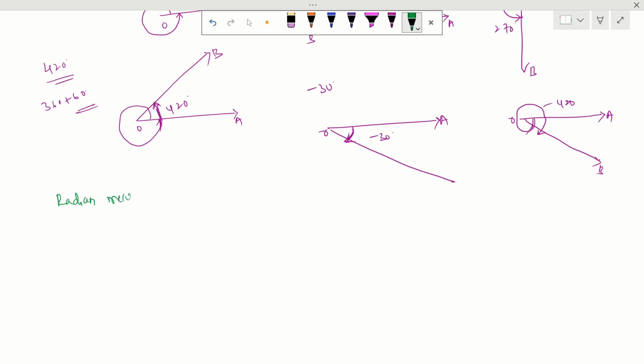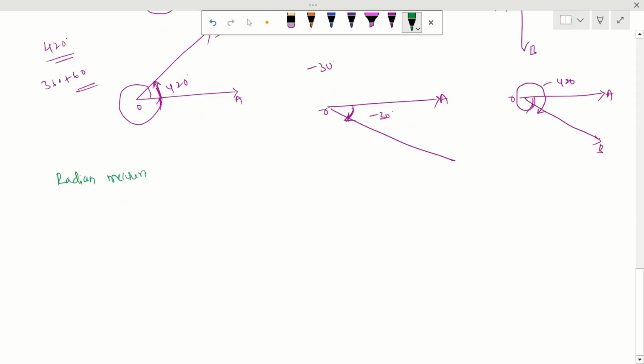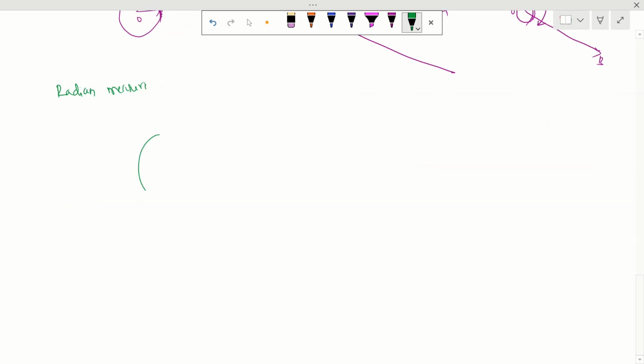We have already discussed that radian measure is about considering a circle. The radius of the circle is 1 unit, and here this is the arc length AB. The arc length is equal to the radius of the circle.